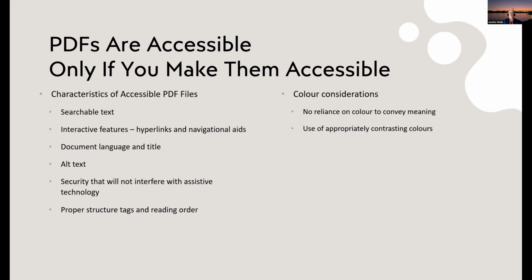Security, that if you are adding passwords to your document, you want to make sure that it's not hindering the assistive technology. Proper structure with tags and reading order, and we'll get into that a little bit more. And the color considerations. So no reliance on color to convey meaning, and use appropriately contrasting colors.